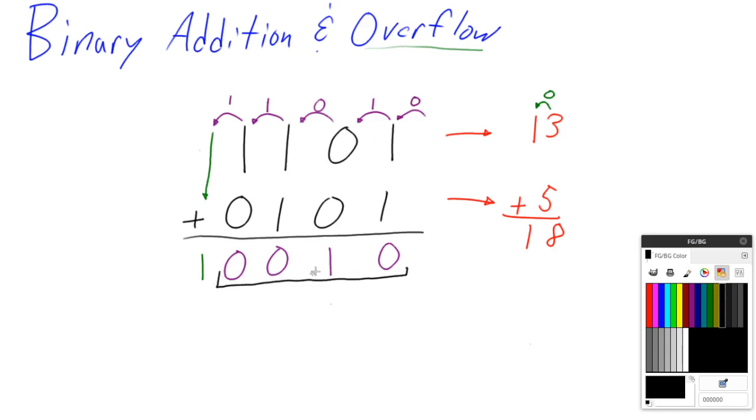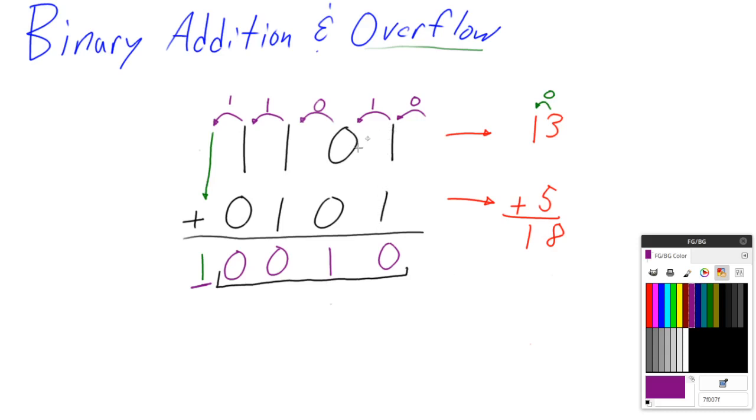But perhaps we have to save our sum somewhere, and we've designed everything around 4 bits. We wouldn't be able to save this 5th bit. So that's when we report an overflow. And how do we know if there is an overflow? Well, no surprise, we always have to pay attention to this carry.